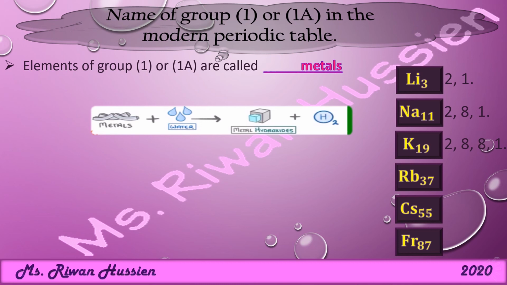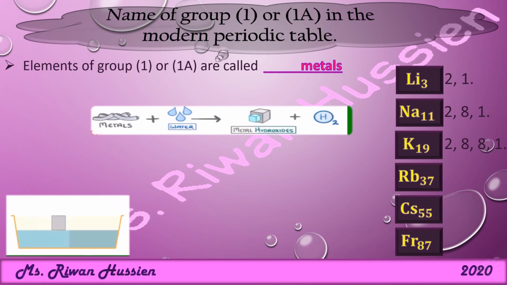Put a piece of sodium in a beaker containing water and observe what happens. Sodium reacts strongly with water and a gas evolves. Now, let's visualize this scenario. Imagine we zoom into this beaker a million times. How is it going to look? It probably looks something like this.